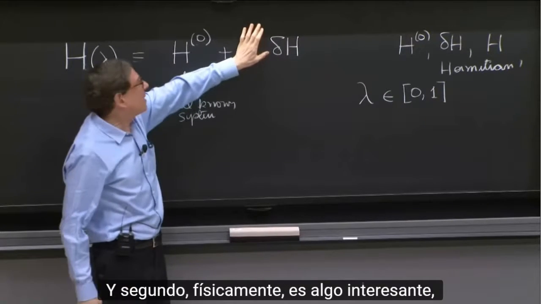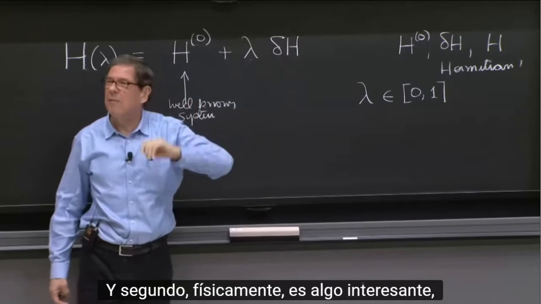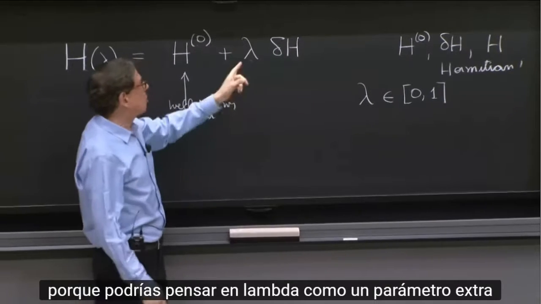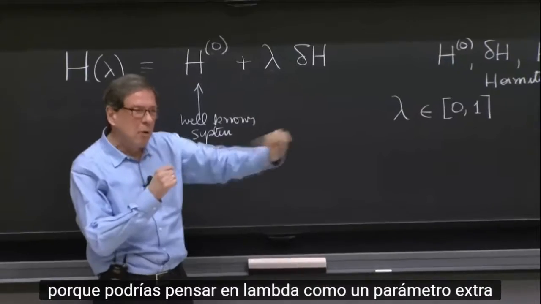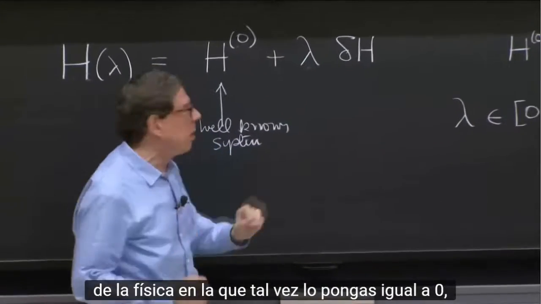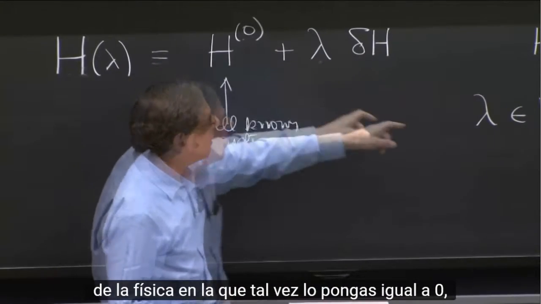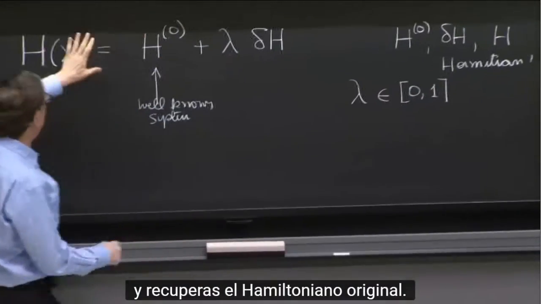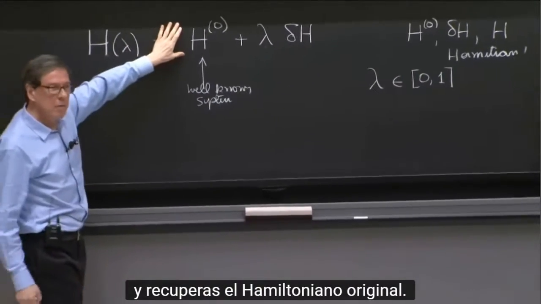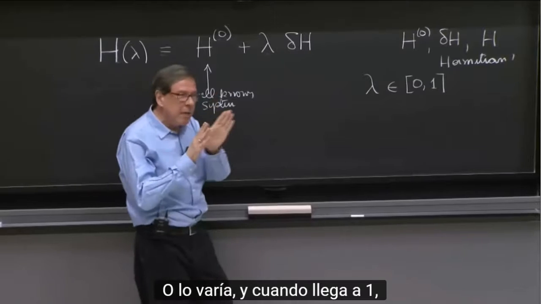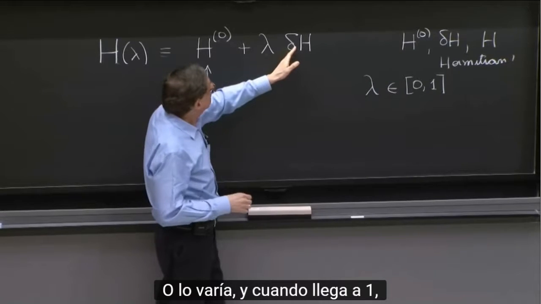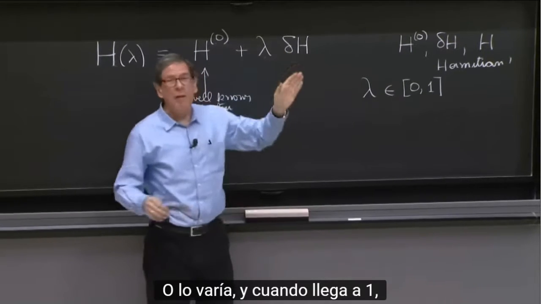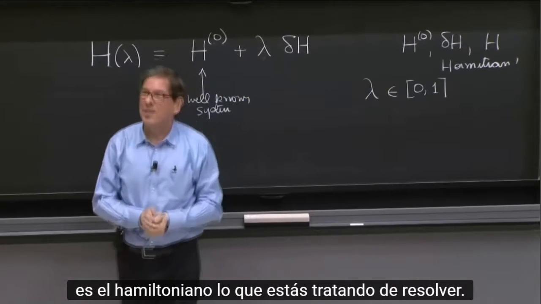And second, physically, it's kind of interesting, because you could think of lambda as an extra parameter of the physics in which you set it equal to 0 and you recover the original Hamiltonian. Or you vary it, and when it reaches 1, it is the Hamiltonian you're trying to solve.